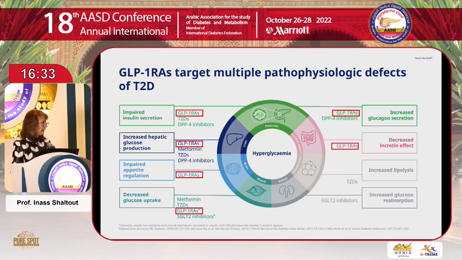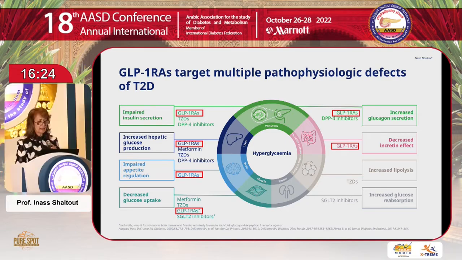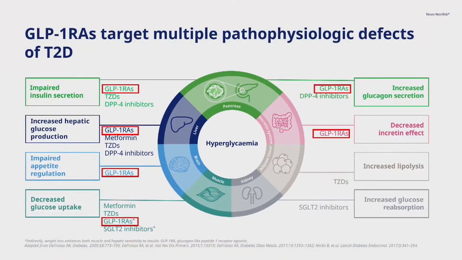It helps reduce appetite by different mechanisms, and it decreases glucose uptake. GLP-1 decreases glucagon secretion from the alpha cells of the pancreas, and it improves the incretin effect inside our body.